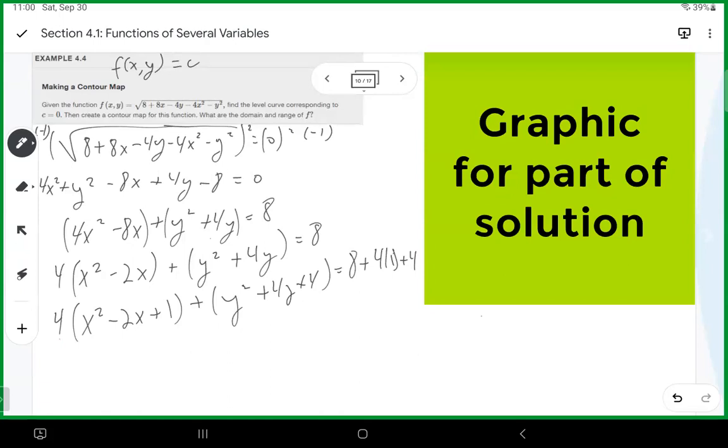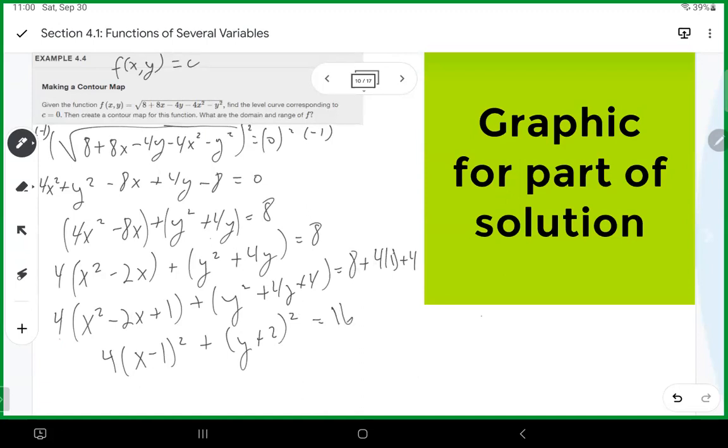Righty. So next we will actually factor the left-hand side and simplify the right-hand side. So we would end up with 4 times x minus 1 squared plus y plus 2 squared. Sorry, the squares aren't really there. 8 plus 8 will give us a 16.